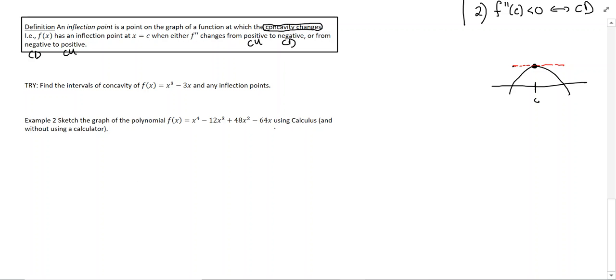When I say using calculus here, and without just graphing it on a calculator or GeoGebra, I mean catalog the data that can be learned from an analysis of this function, looking at its intercepts and its intervals of increase and decrease, and its inflection points and concavity, etc. And catalog all of that information, and then use it, if you can, to draw a reasonably accurate graph of the function.